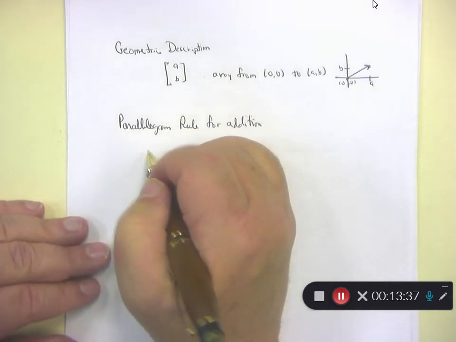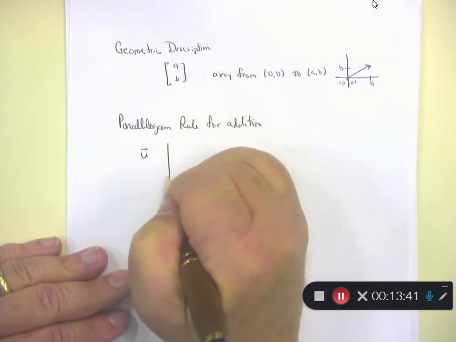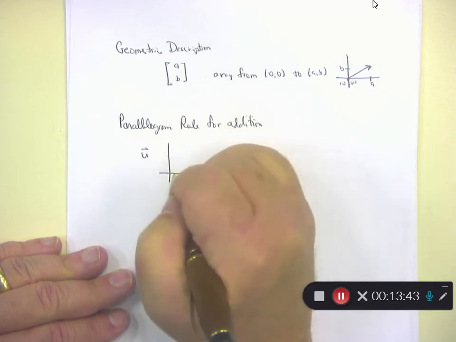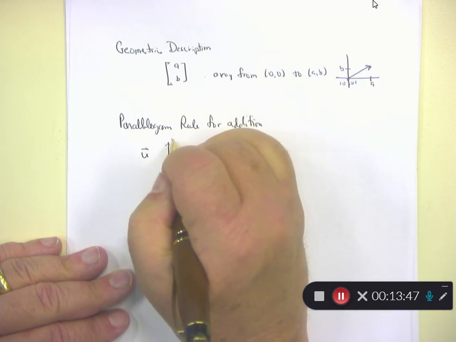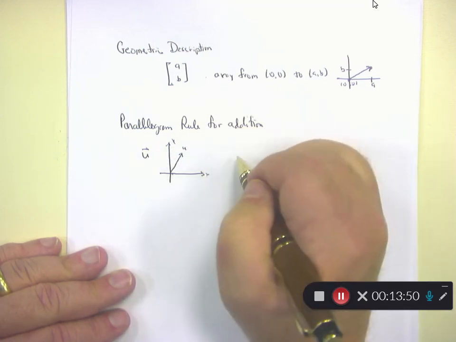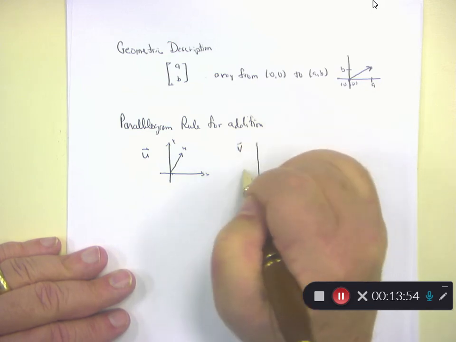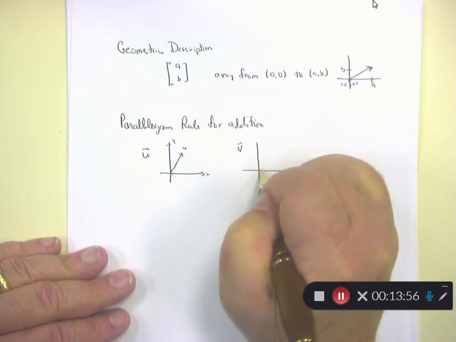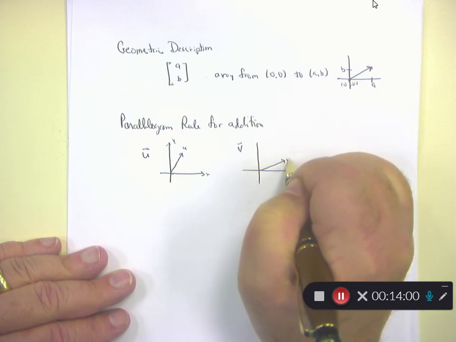If I take vector u, and I'm just going to draw him over here, I'll declare this guy to be vector u. And I got vector v, and I drew him out here. Here's vector v.